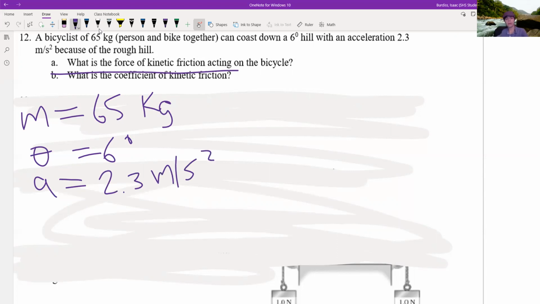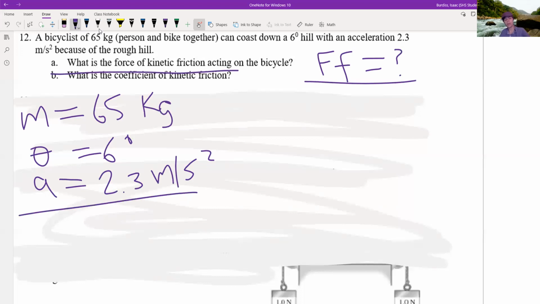And we're trying to find the force of kinetic friction, which just really means force of friction. All right, so we already did the acronym KFES, what you need to find, we already did those.